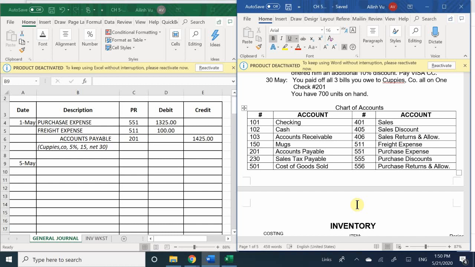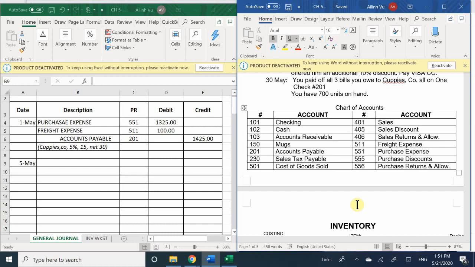Yes, David, it is an expense, but what kind of account is purchase returns and allowances? Not an asset. We already established it's an expense.